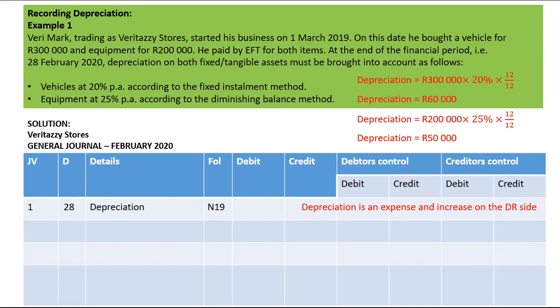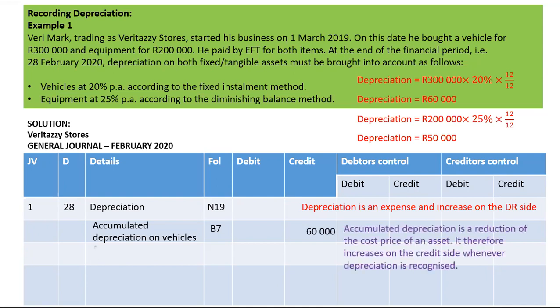I will start with accumulated depreciation on vehicles, which will in this case be 60,000 rand. Accumulated depreciation will be credited whenever we recognize depreciation. We will credit accumulated depreciation on vehicles and also credit accumulated depreciation on equipment. Note that accumulated depreciation is a reduction of the cost price of an asset.